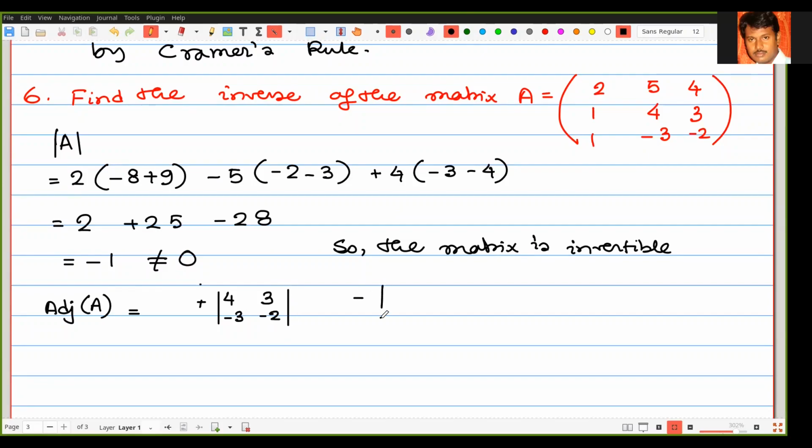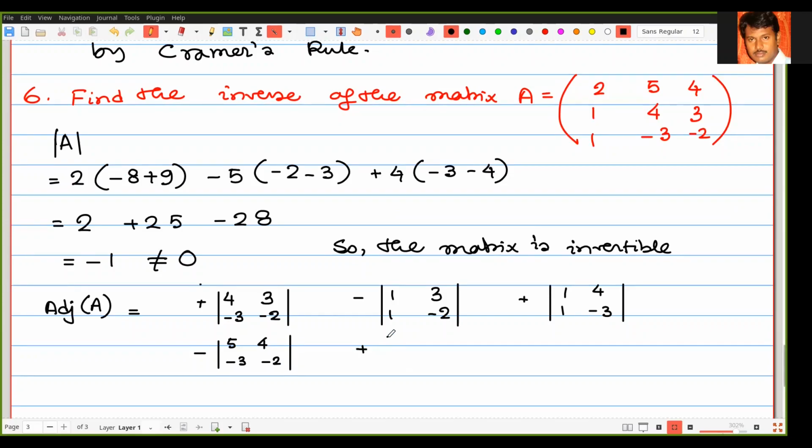Then minus of 1, 3, 1, -2. Then plus of 1, 4, 1, -3. Then for the second row, that is 5, 4, -3, -2.